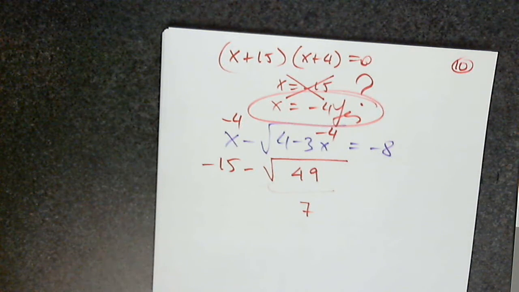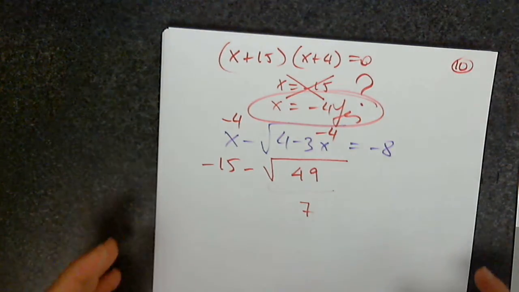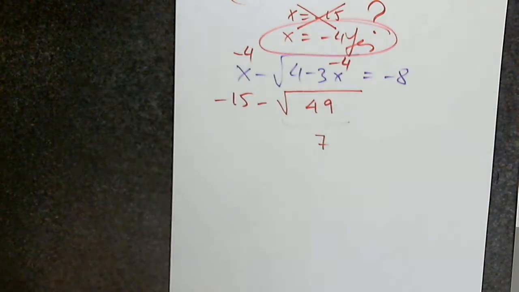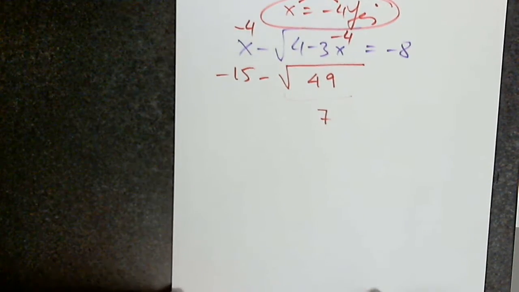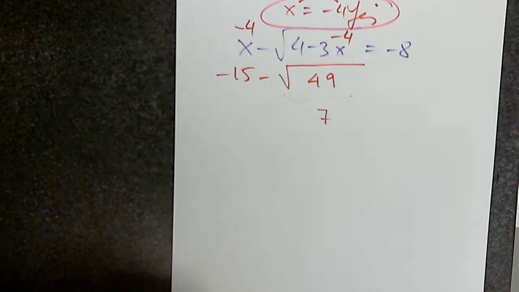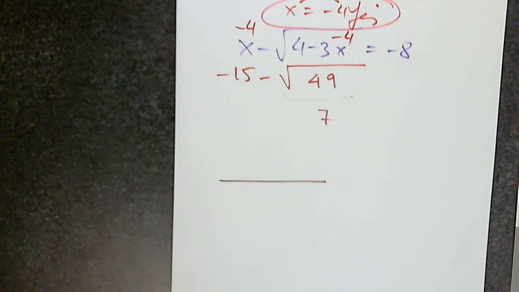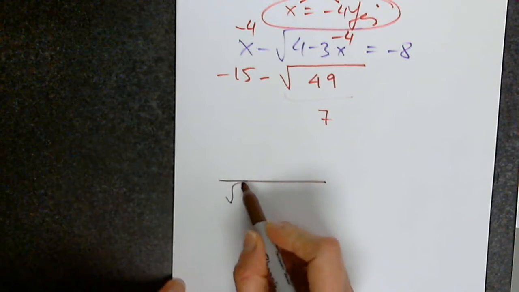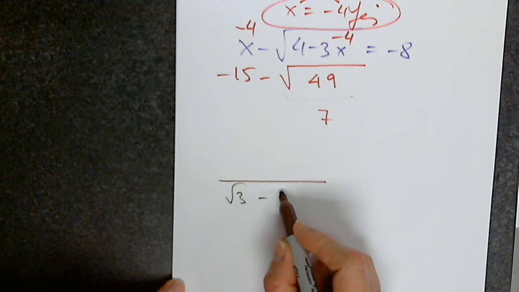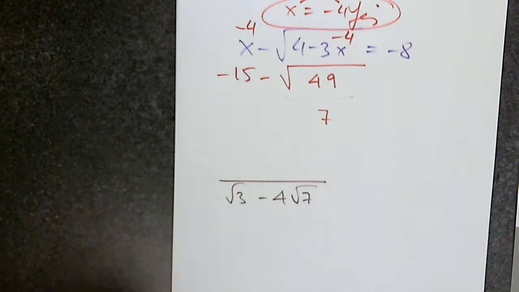Let's rationalize denominators. Please give me a problem in which we need to rationalize the denominator. Square root of 3 minus 4 the square root of 7.